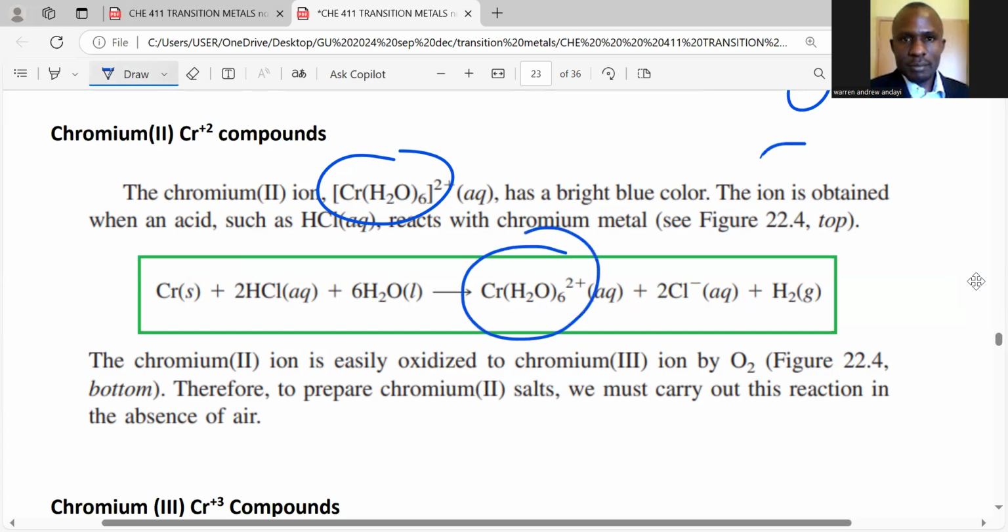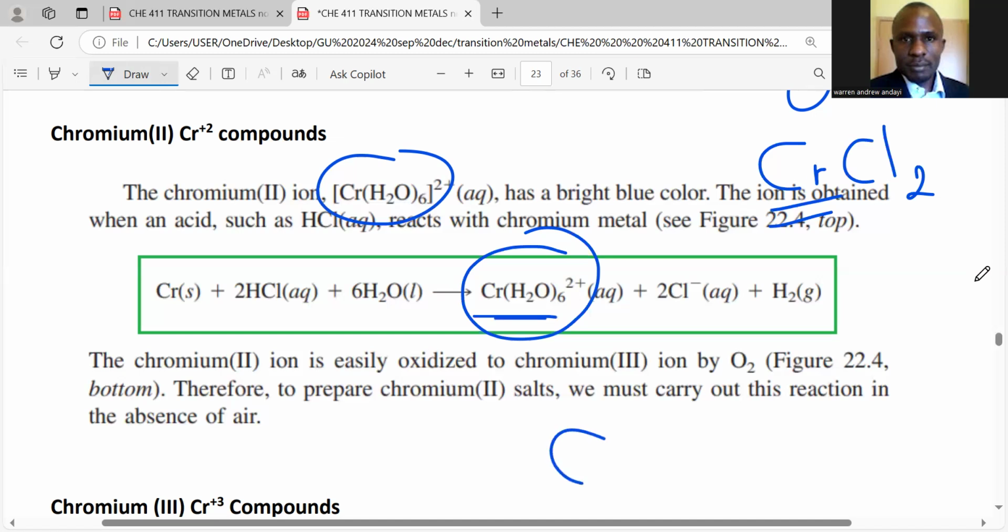Of course, as ordinary chemists, we shall say it has formed chromium like that. But in reality, these transition metals behave more in between metals and non-metals, so they tend to form coordinate bonds. What will happen is that they will coordinate with water first before anything else happens. So immediately they are formed, they coordinate with water.